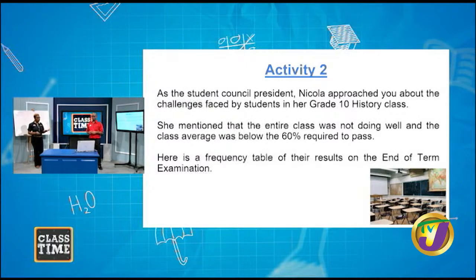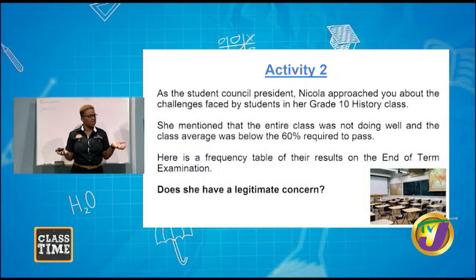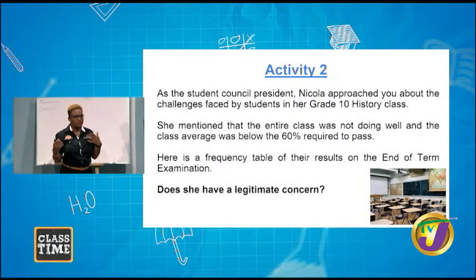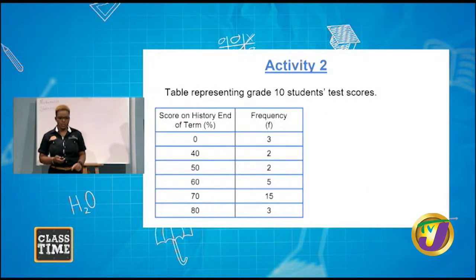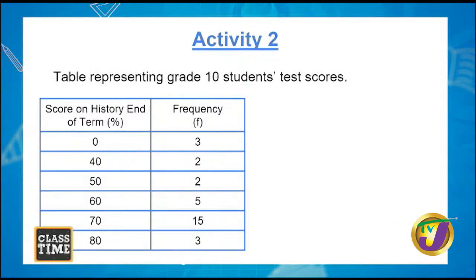I'm going to show you a frequency table of the results, and we need to discuss if Nicola has a legitimate concern. Is it that all the students or a majority of the students are doing badly and they need some intervention in that grade 10 class? So here is the frequency table. How can we help Nicola here now? First, I think we'd need to get some more information.